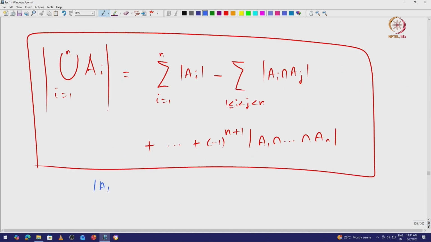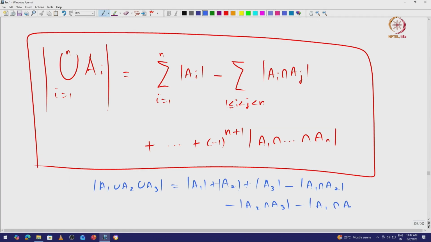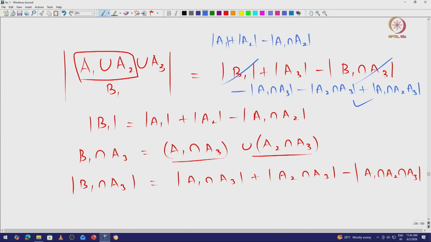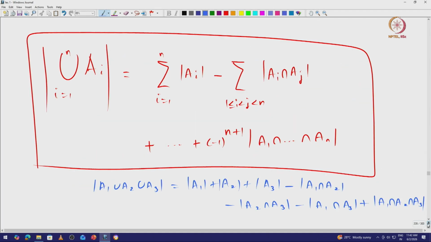The cardinality of A1 union A2 union A3 is given by the cardinality of A1 plus A2 plus A3 minus the cardinalities of A1 intersection A2, A2 intersection A3, and A1 intersection A3, plus the cardinality of A1 intersection A2 intersection A3. So, that is what we have here. This way one can complete the proof inductively for this collection of finitely many A_i's.